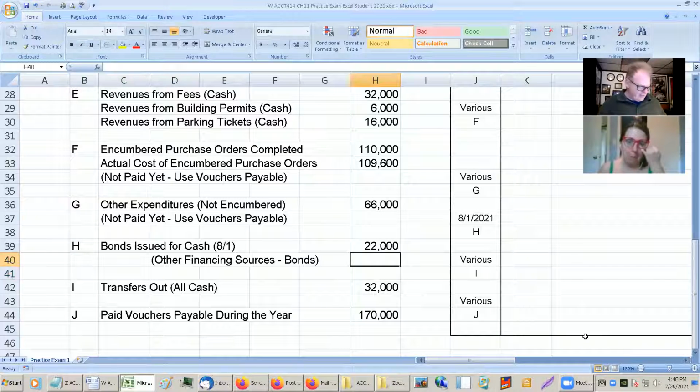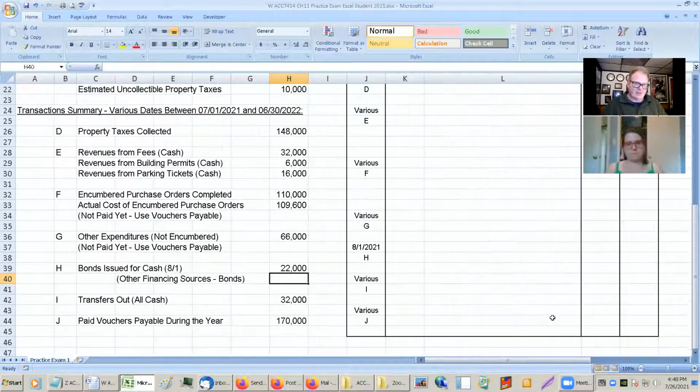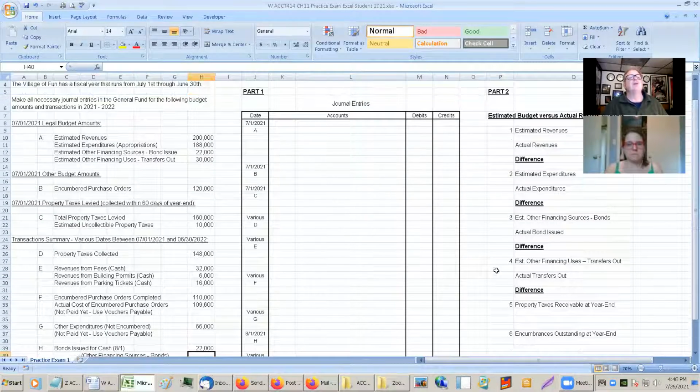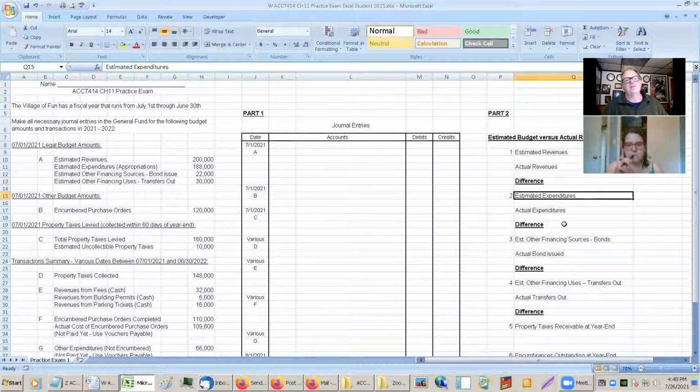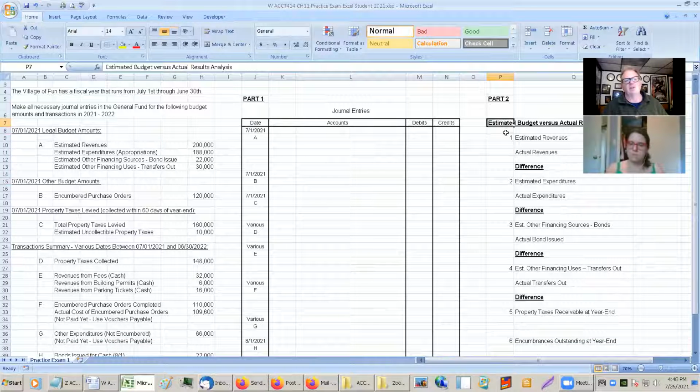Okay, so here's the way this is laid out. I know it's a wacky format, but the journal entries are to the side here, and you make journal entries for these. Then over here, and this is something you'll see on the CPA exam more, they'll ask you what the differences were between actual and estimated.